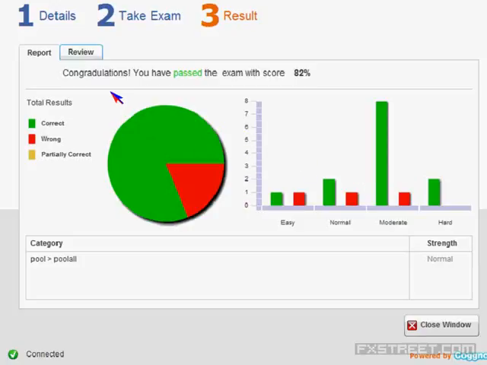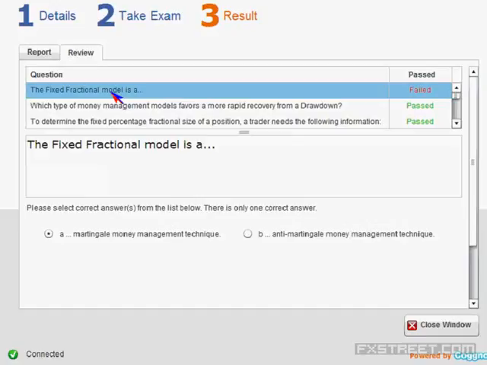So we have the first question, which said: the fixed fractional model is a martingale money management technique or an anti-martingale. We typed B, and sorry, I have here review.